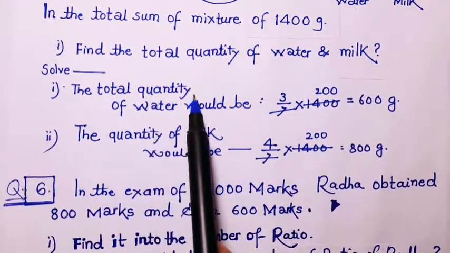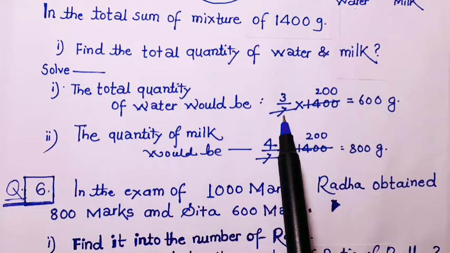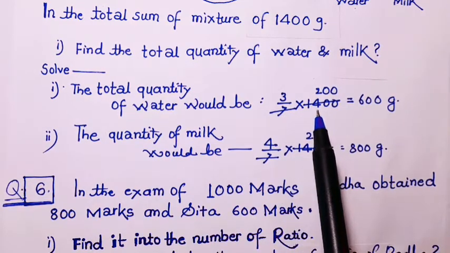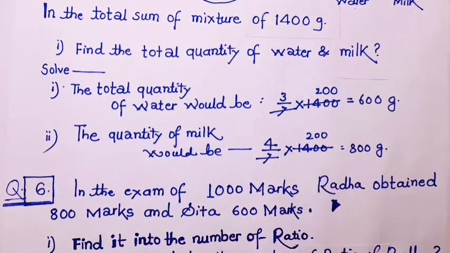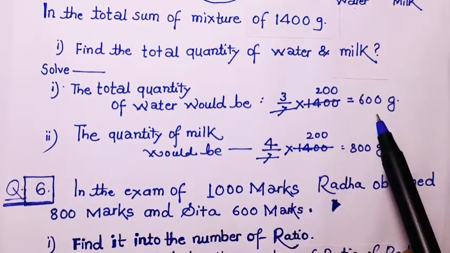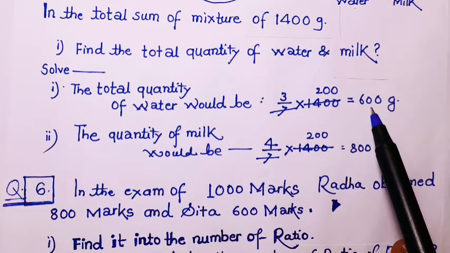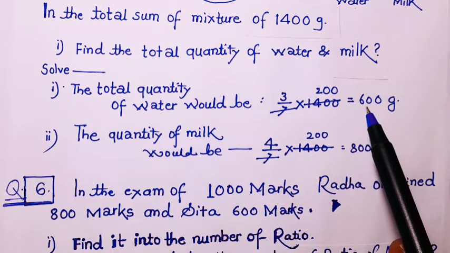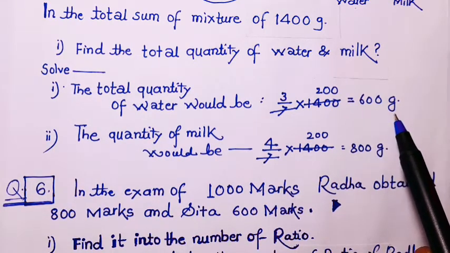The total quantity of water would be 3 by 7 into 1400, so the answer will be 600 grams.